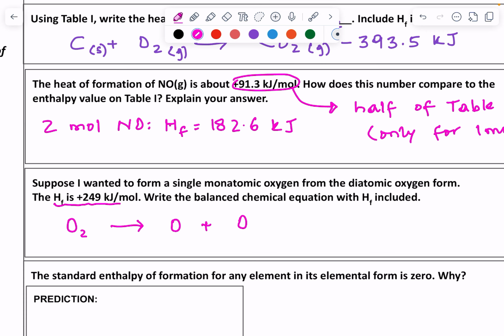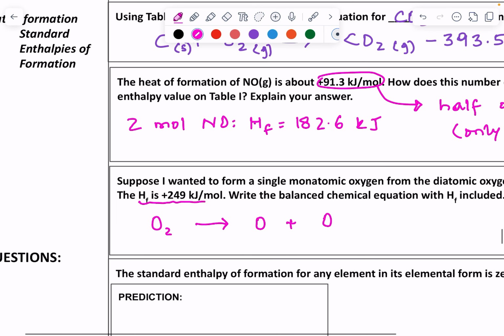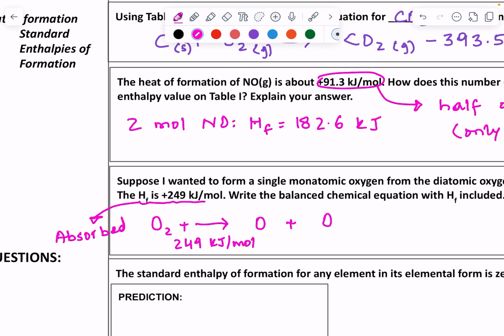So because this is a positive number, we know that this amount of heat was absorbed. So if we want to say that this heat was absorbed, we can go ahead and put that in the reactant. So I'm going to put 249 kilojoules per mole in my reactants.